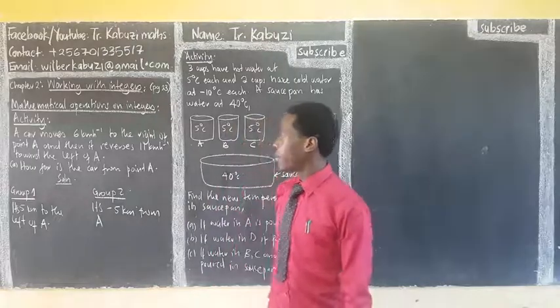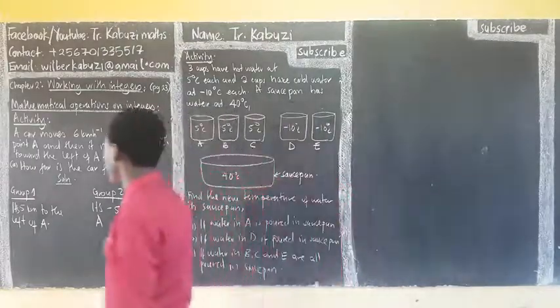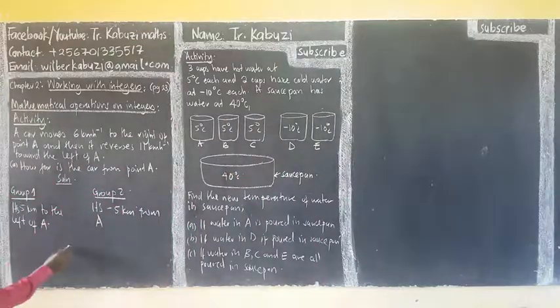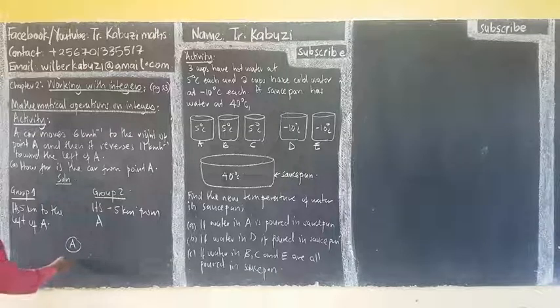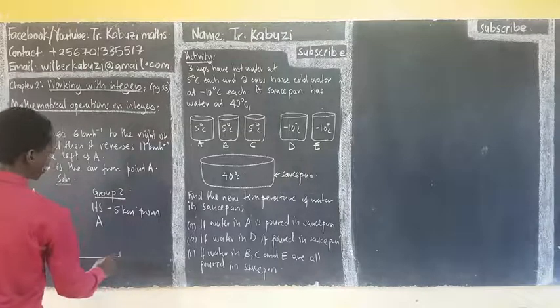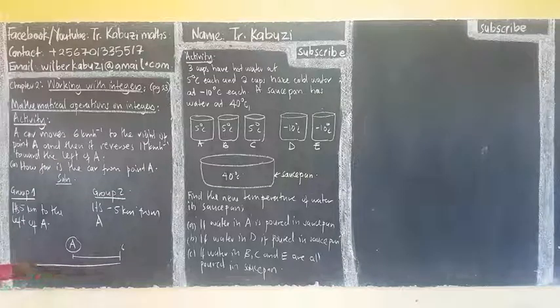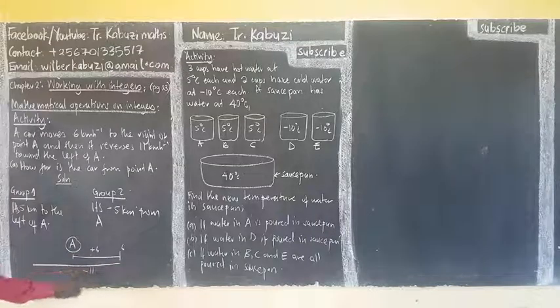I think all of them, depending on the language, are right. Why are they right? Because if this is point A, the car is going first 6 kilometers. Then after, it reverses to the left of A, 11 kilometers. So if these are positive 6 and then you are reversing, it means that you are going to the negative.